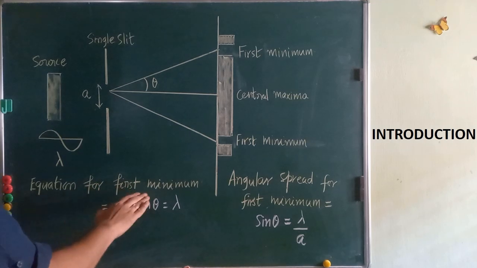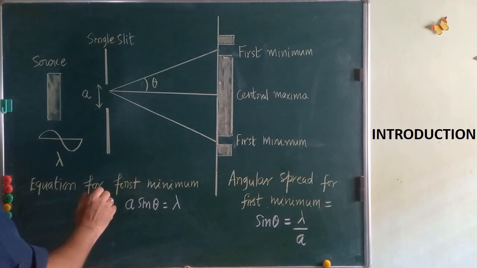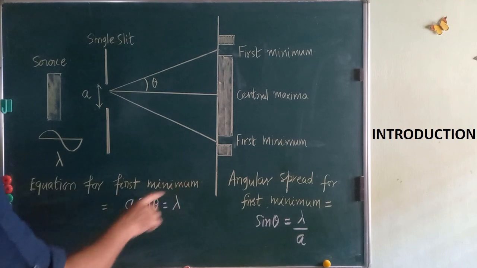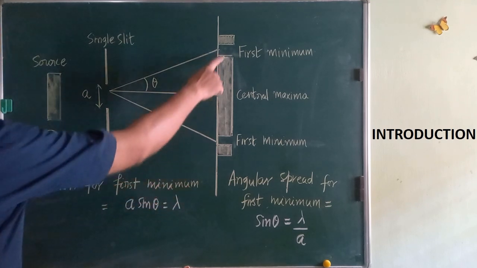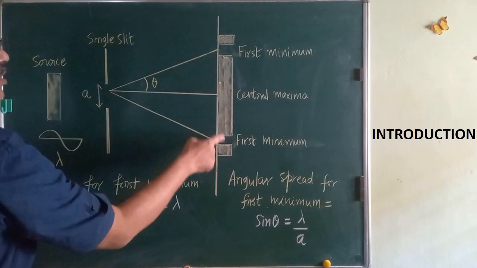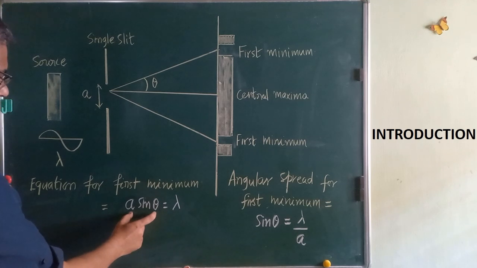To observe the first minimum, this is the condition, which we can also call the path difference. Otherwise, we can call it the equation for the first minimum. This formula was already derived while teaching the theory of single slit diffraction.